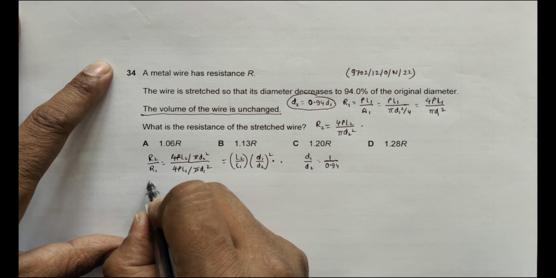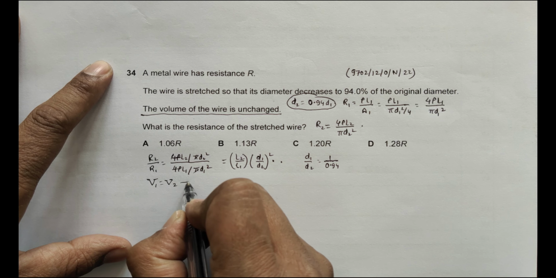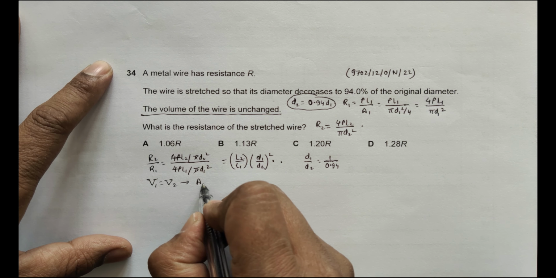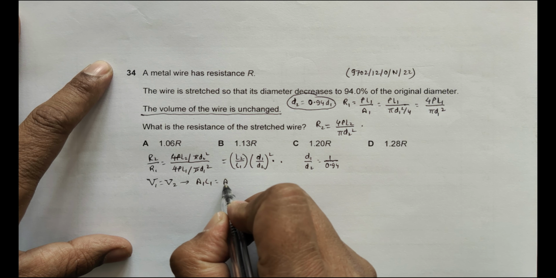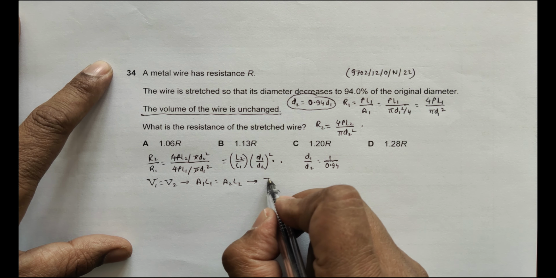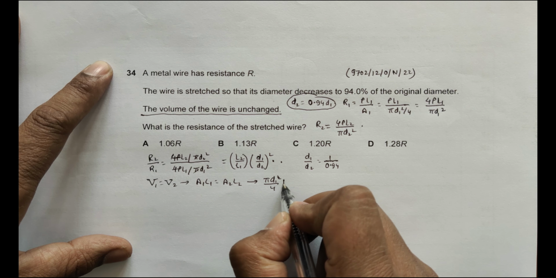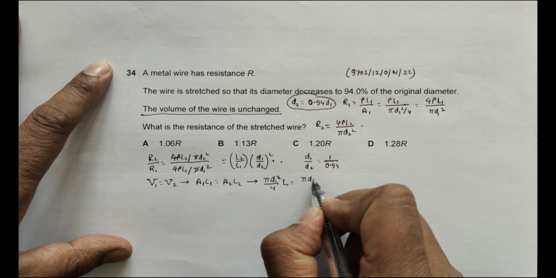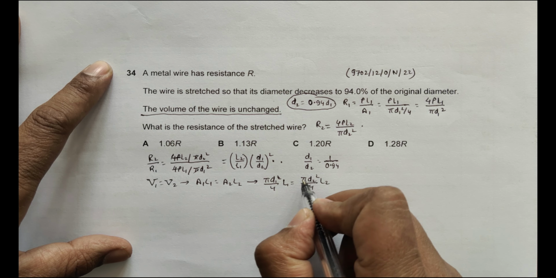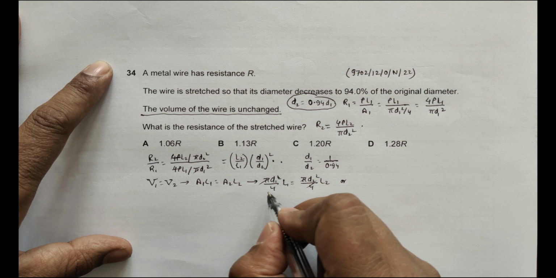So the volume unchanged means V1 equals V2, which gives A1 L1 equals A2 L2, which further means pi D1 squared by 4 into L1 is equal to pi D2 squared by 4 into L2. Pi and pi are gone, and 4 and 4 also gone.